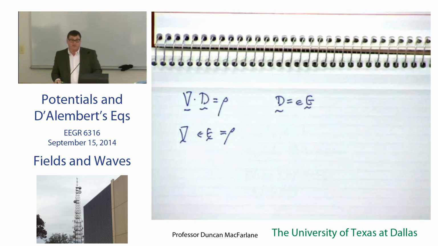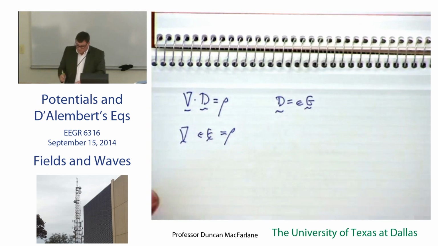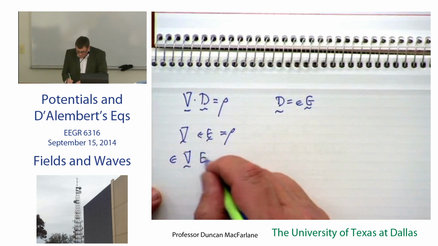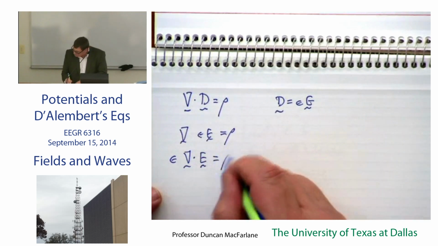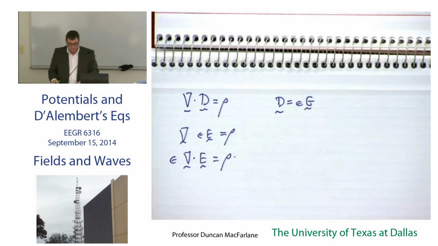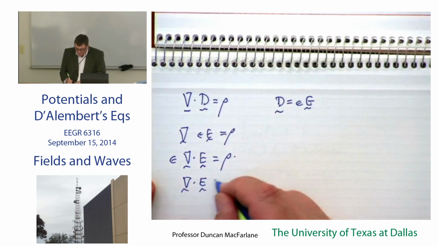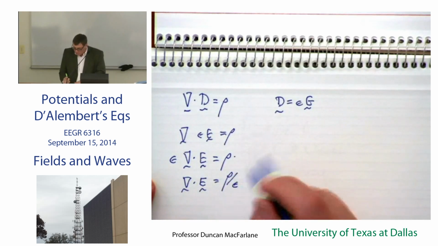And if epsilon is a constant, then I can pull epsilon through the derivative. And if epsilon is well behaved, and we know it to be, then I have divergence of E is equal to rho upon epsilon.